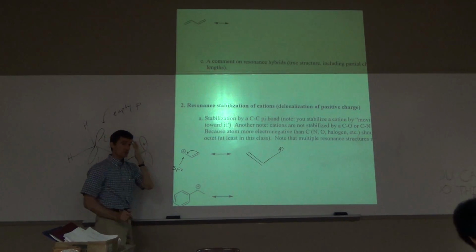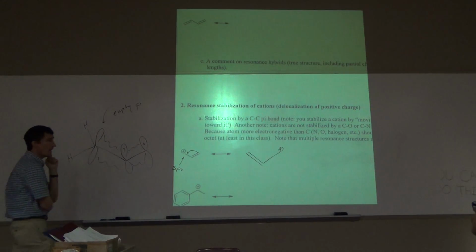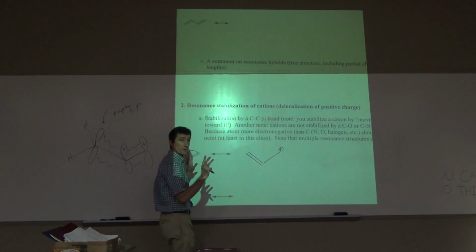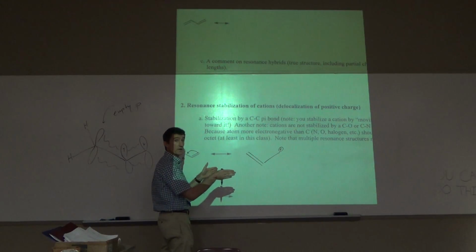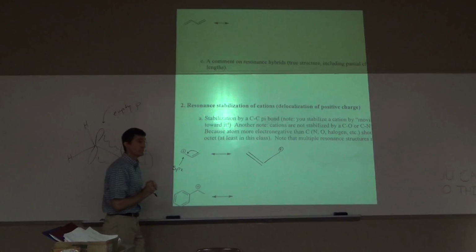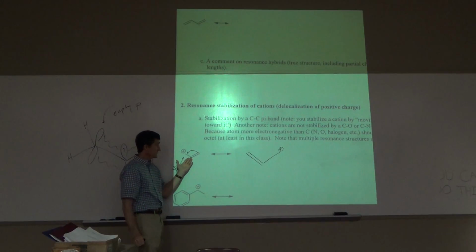Now, when we draw resonance structures, we can look at them and say, which do we like better? This goes back to the first day of organic. If I said draw a Lewis structure of this, you might have drawn this structure here.